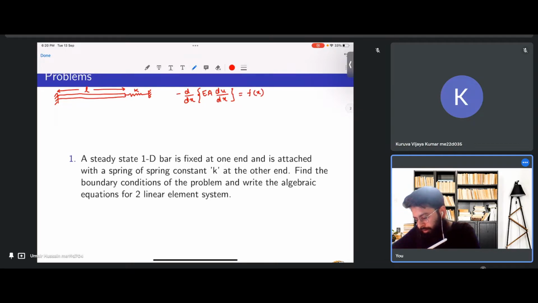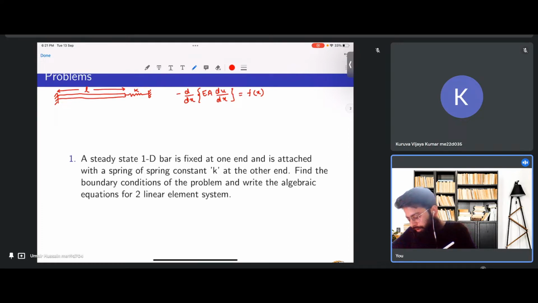Since it's steady state, we don't have a time dependent term involved, and since there is no body force applied, you can say that f x is 0. We'll do that later.